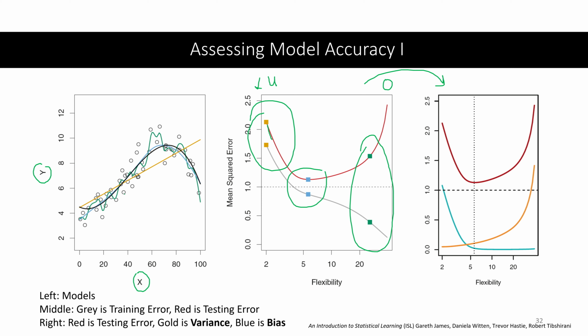The blue one is the bias. Bias keeps decreasing as you have more and more complex models, because your predictions will be much closer to the actual data points. You can see that from this green line behavior here. And this yellow one is the variance.